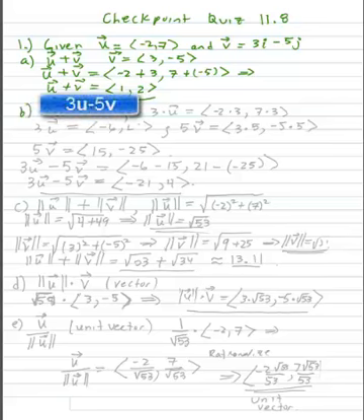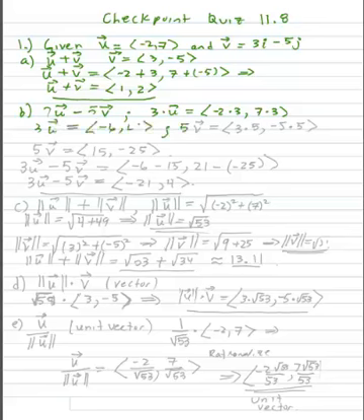Part B, find 3u minus 5v. Well, this is a linear combination. The first thing would be to look at the scalar multiplication 3 times u. We multiply each component by 3, and we get -2 times 3, 7 times 3. 3u is -6, 21.